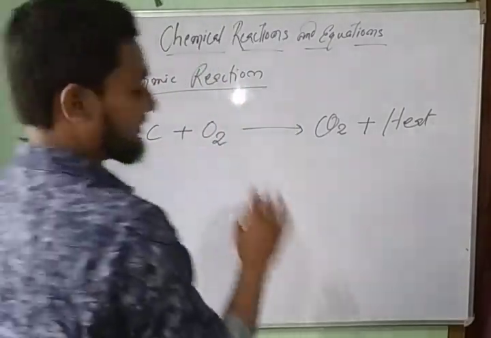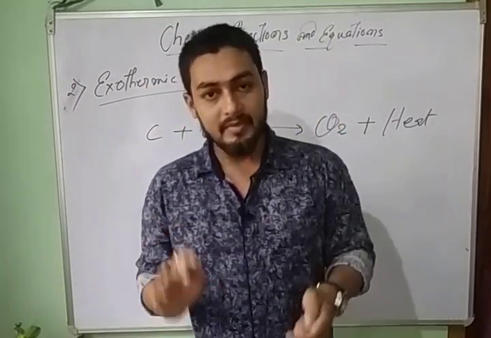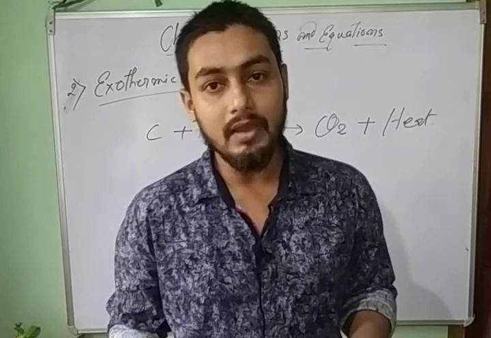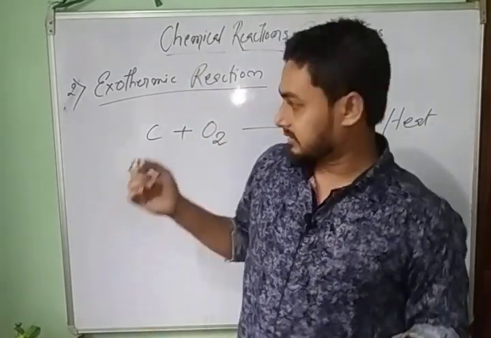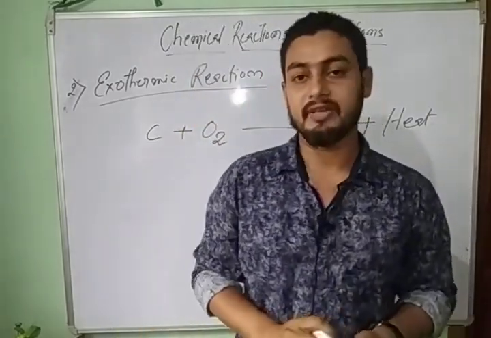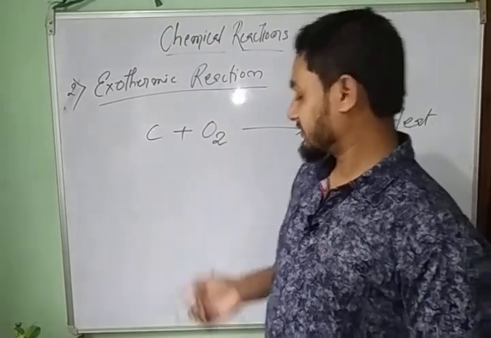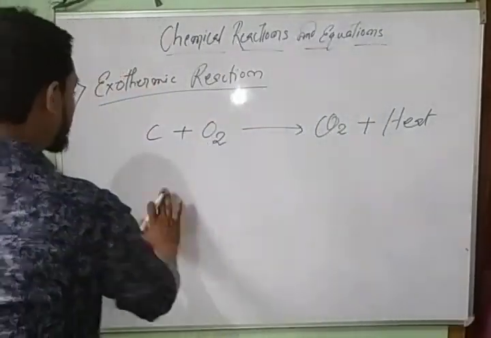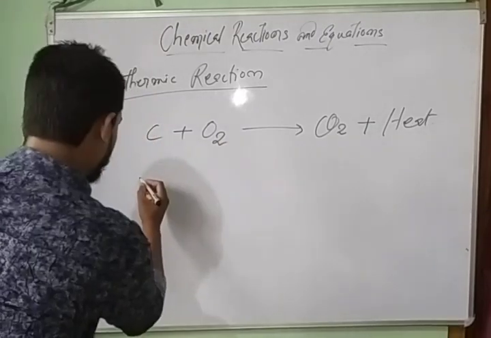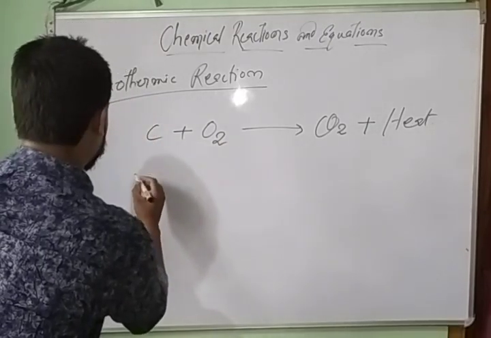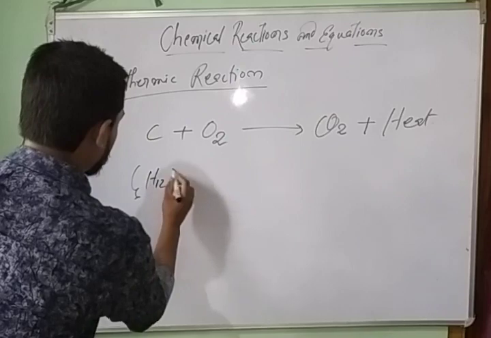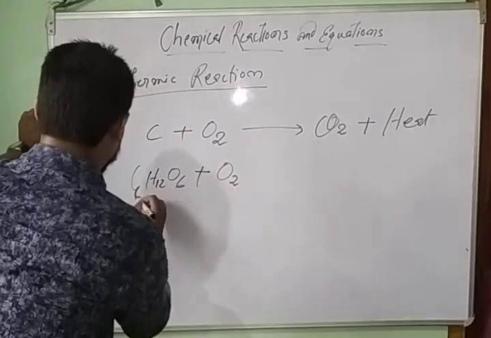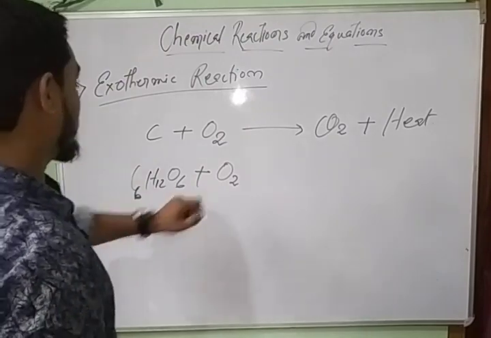So you write the definition: the chemical reactions which produce heat along with the product. This type of reactions are called exothermic reactions. As an example, you can also write C6H12O6 plus O2.